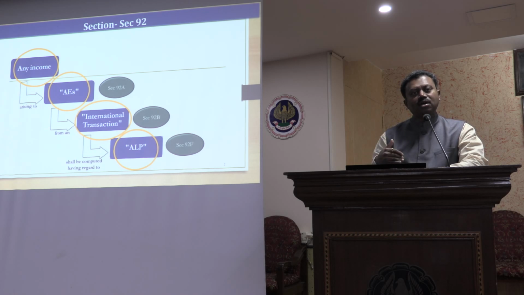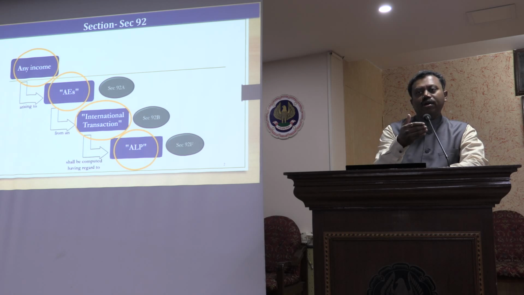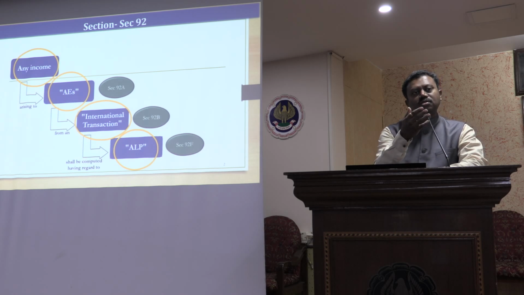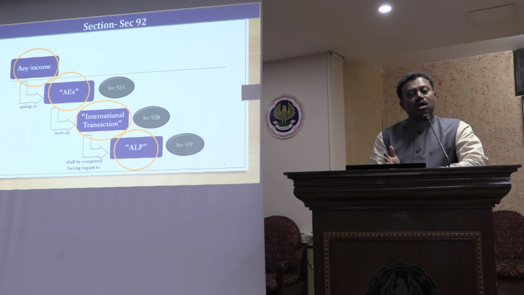The possibility is that in case there is a transaction between a foreign entity, a parent entity and a subsidiary in India, or a head office or a branch in India, or a sister concern outside India and another concern in India, if the pricing or any other mechanism or the terms of agreement are designed in such a way that the profits can be shown less in India and they can move higher profits to a different country.